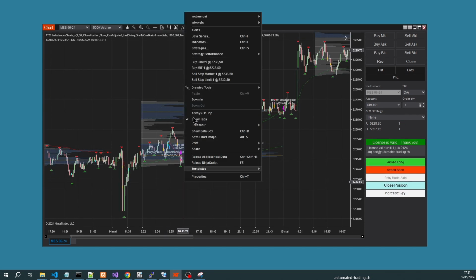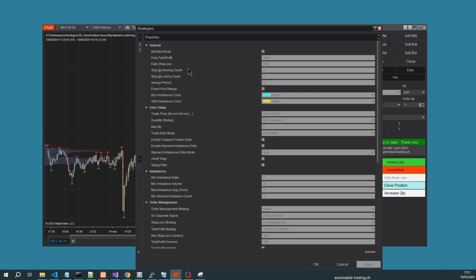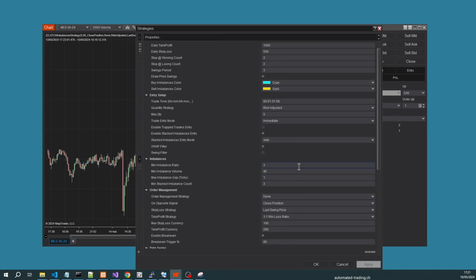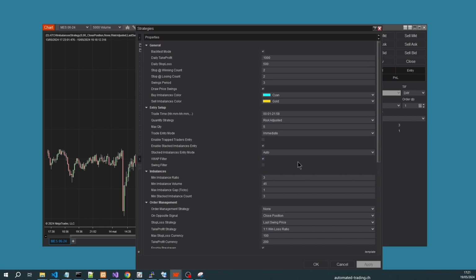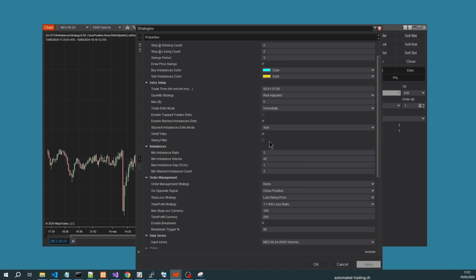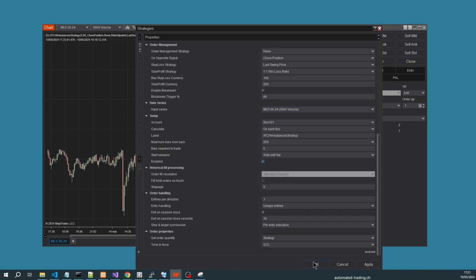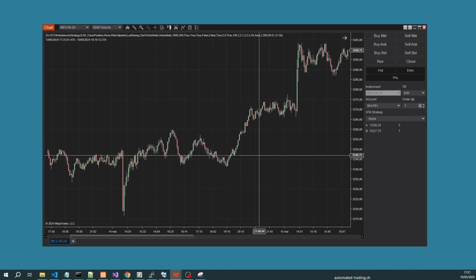So let me come back and change a small parameter here, because I want to show my preferred parameters. So I don't like to use immediate. I would like to use wait for confirmation always for this setup. Let me enable the strategy.